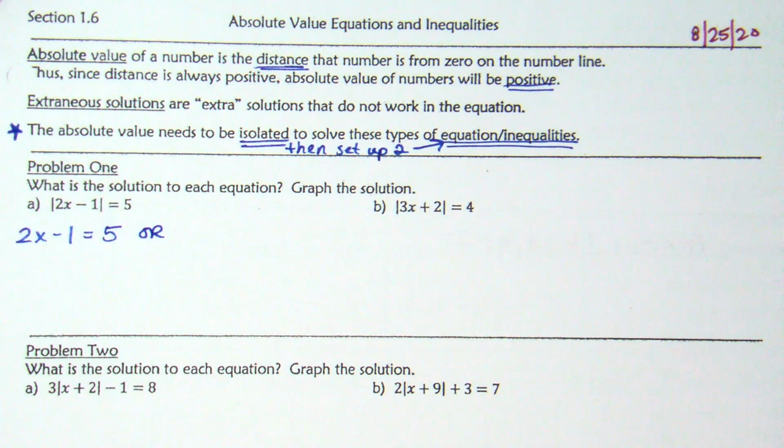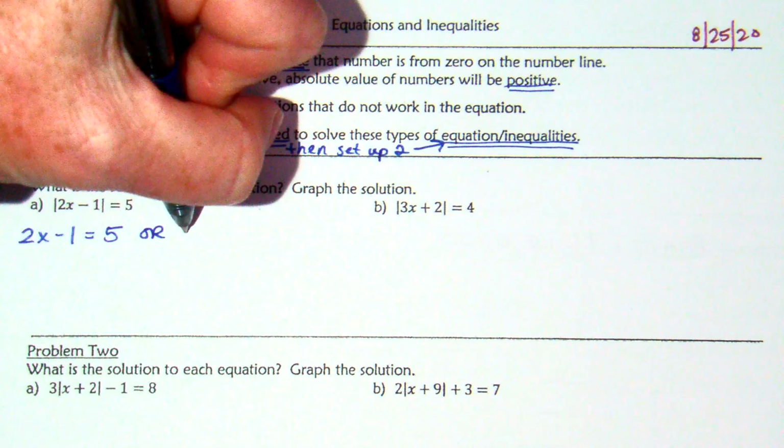We actually change what's not inside the absolute value. So whatever's inside that absolute value actually stays the same every time. So it's going to stay 2x minus 1, but instead of equaling positive 5, it's going to equal negative 5. So our second equation is going to be 2x minus 1 equals negative 5.